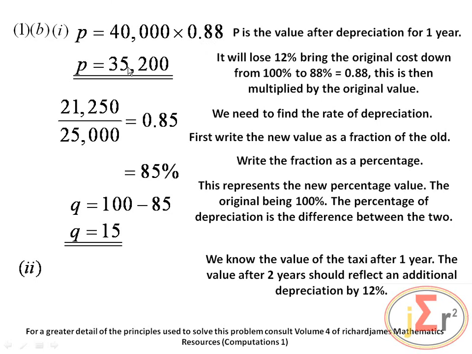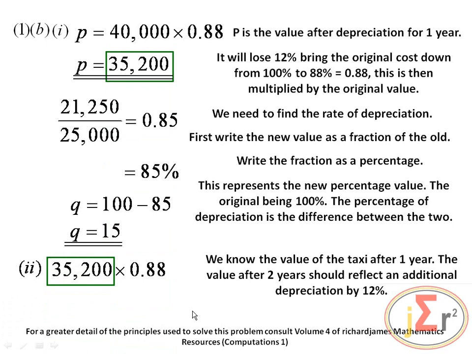So this will be the depreciation after 1 year, and after 2 we will take the value that we have after the first year and depreciate that by a further 12%. Of course, it means that we need to multiply this by 0.88 again. And there we have it. The value after the depreciation of the first year is used to determine the value of depreciation after the second year.